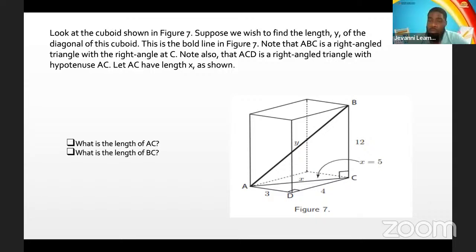And remember, the Pythagoras theorem is only used when you have a right angle in the triangle. So that's why we can use it in this one to find the hypotenuse, which is the length of AB, or the unknown side Y.